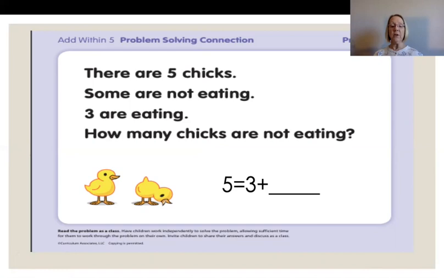Well, we have to figure out 3 plus something equals 5. And we know that whatever is on this side of the equal sign also has to be the same on this side, equal the same or the same amount or quantity. So 3 plus 2 equals 5. Okay.